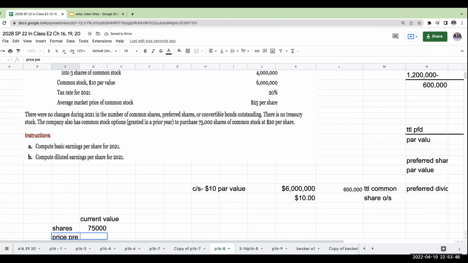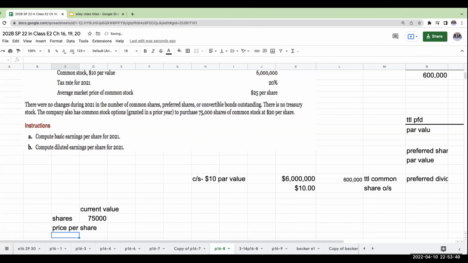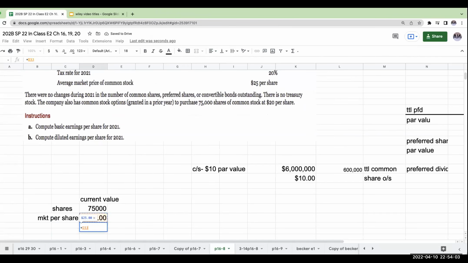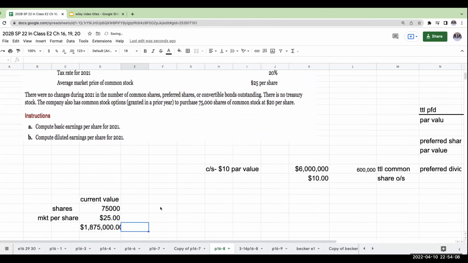My price per share for the current market is 25. So this would be the value of 75,000 shares at the current market price, which is 1,875,000.